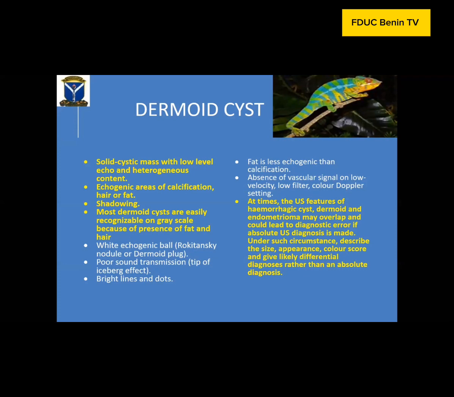If we have such a scenario, never give an absolute diagnosis. All you need to do is describe the size, the appearance, put up color, and give out your findings. The physician has taken history, examined the patient, so you can tie your ultrasound scan findings with the history and examination and arrive at a reasonable diagnosis.